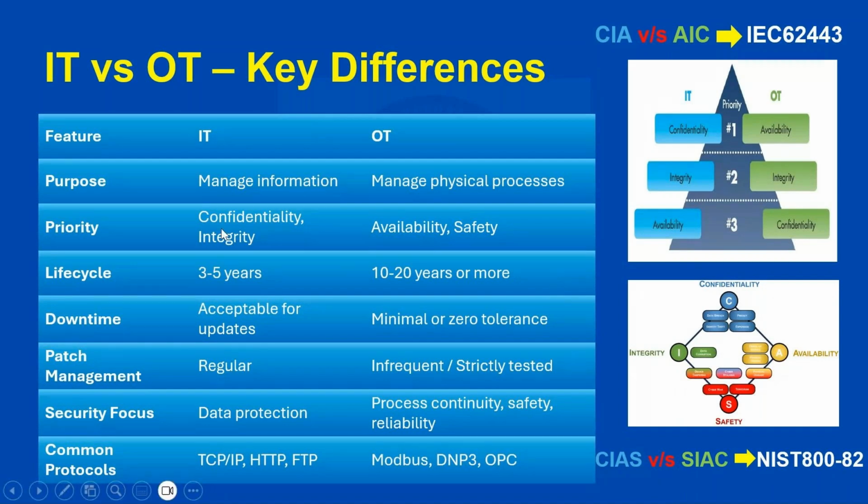So while it is 3 to 5 years for IT, for OT it is written as 10 to 20 years, for typical CPUs, cards, etc. But in reality it no longer remains 10 to 20. If you are operating the asset, then you know that those components typically need to be upgraded every 5 years. If not, then you have to plan the life cycle very well.